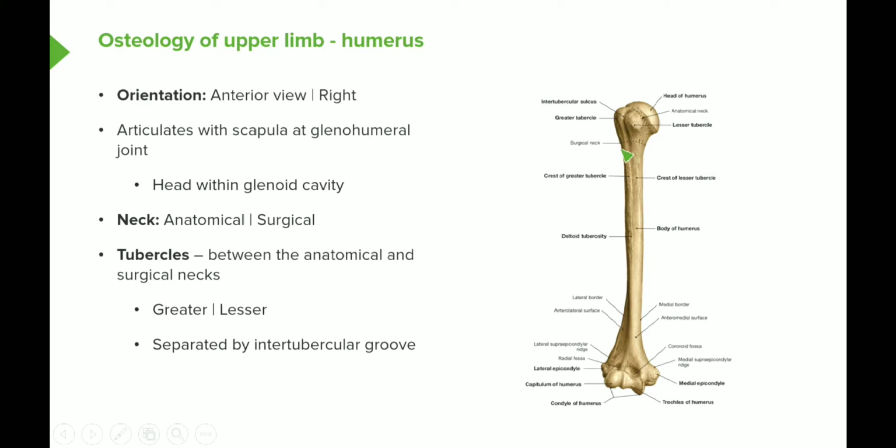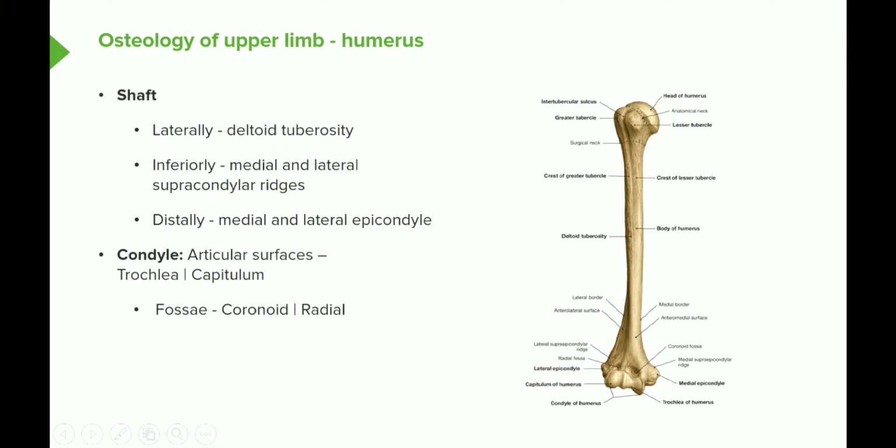Now let's move down on this anterior surface to the shaft of the humerus. We can continue down here with the lesser tubercle as the crest of the lesser tubercle, and another crest coming down from the greater tubercle here. And we can see this in more detail if we look at specifically the shaft of the humerus.